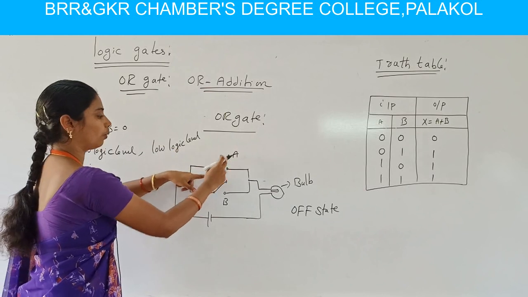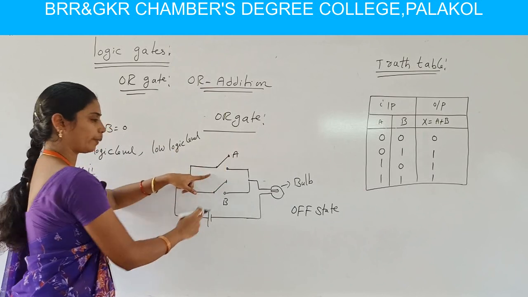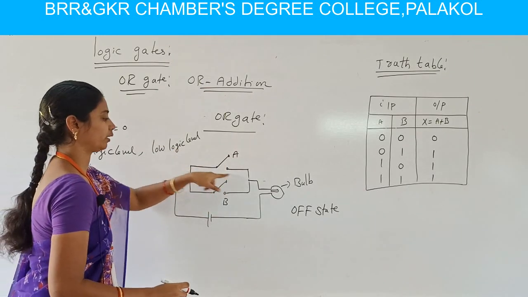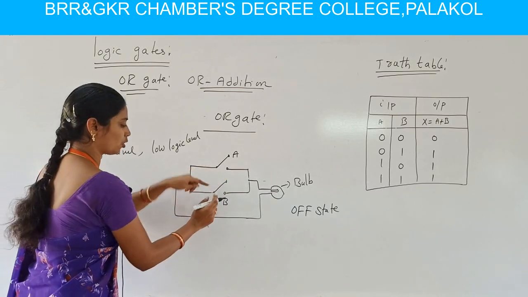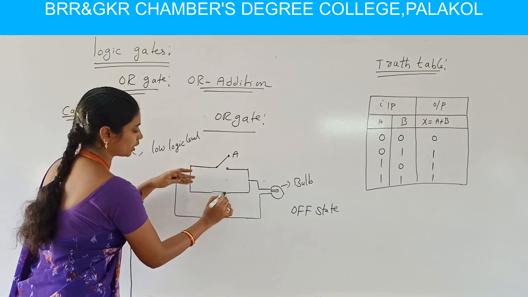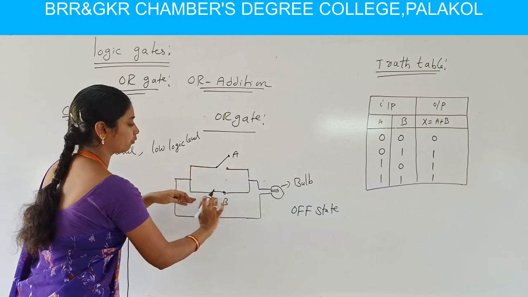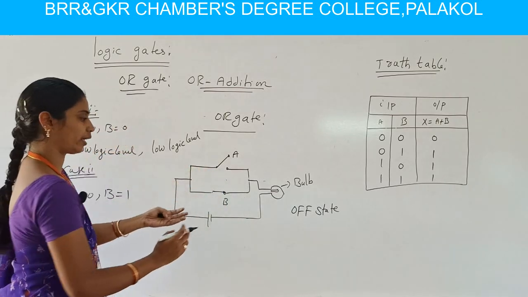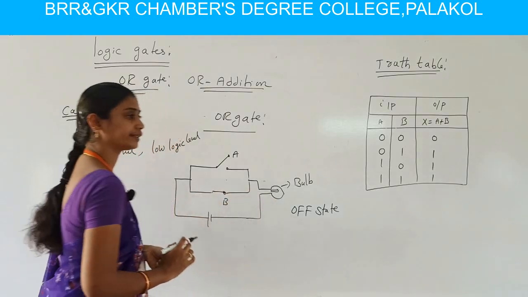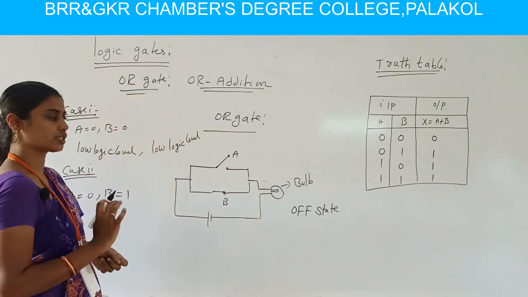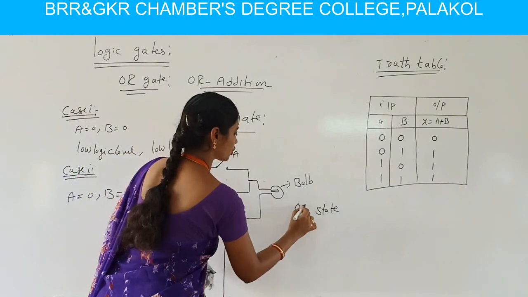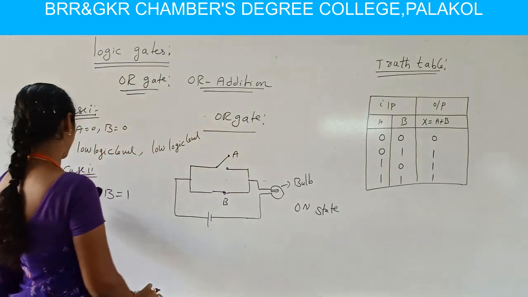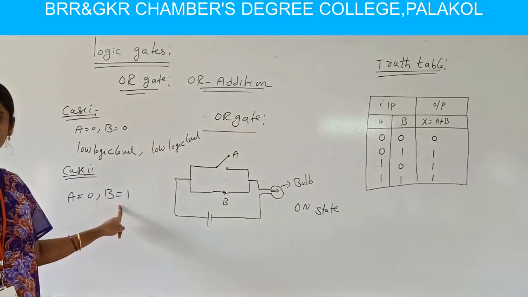It means no current passes here. And switch B is closed. Whenever it is closed, then automatically current flows through the device. Then we have the bulb in on state, which gives glow.